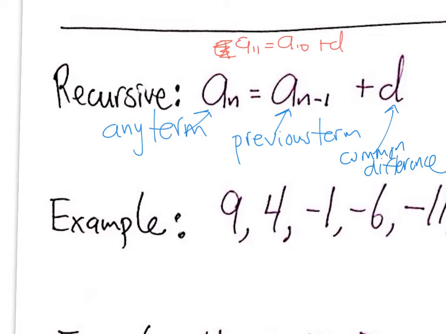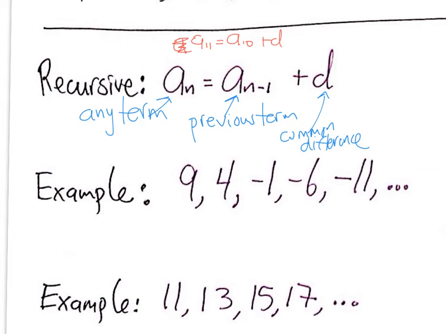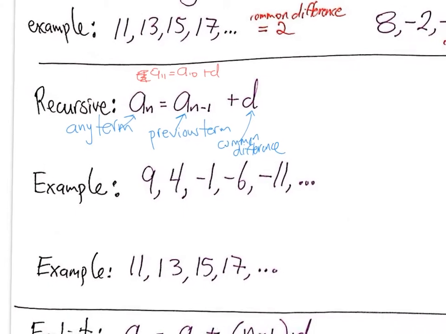Okay, so let's look at this example. We have 9, 4, negative 1, negative 6, negative 11. So hopefully you're recognizing that we subtract 5 every time. So here's what we would say.